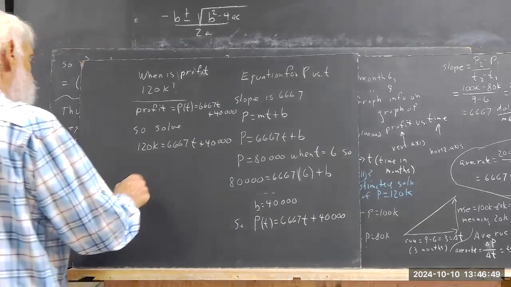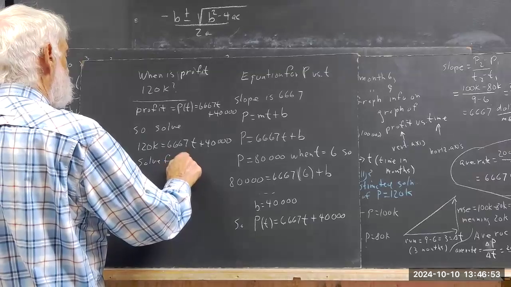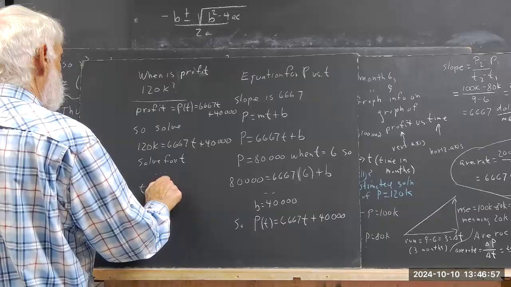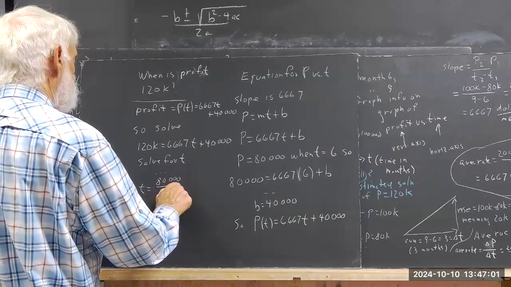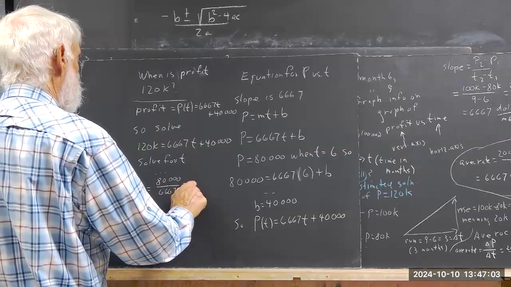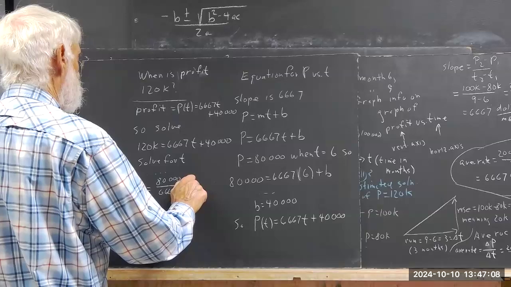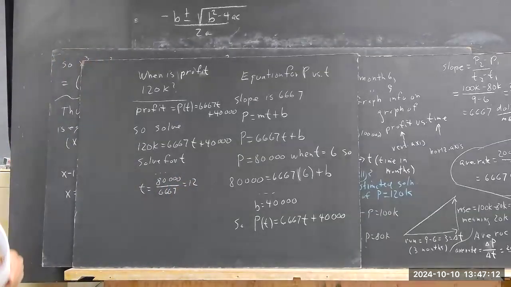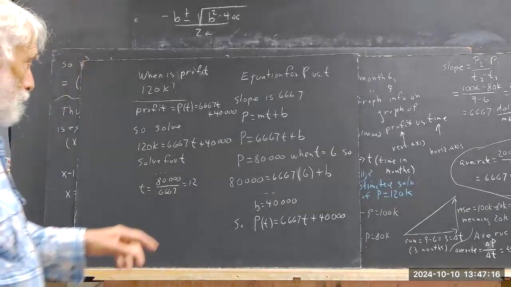So you do that, you're going to get 12. Now you round it off.